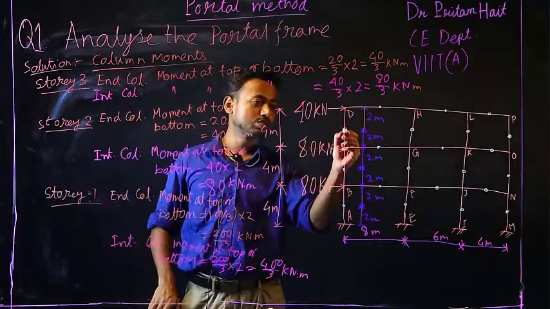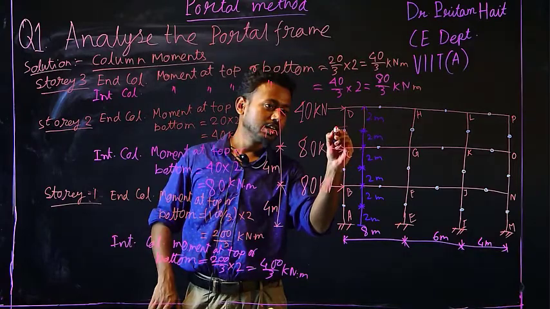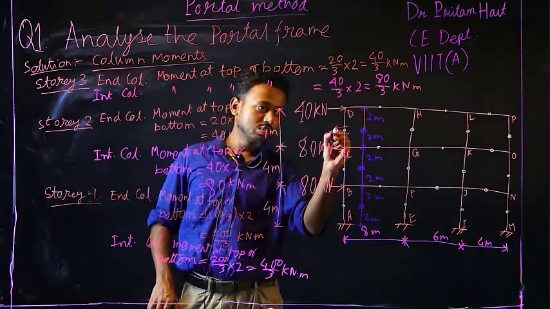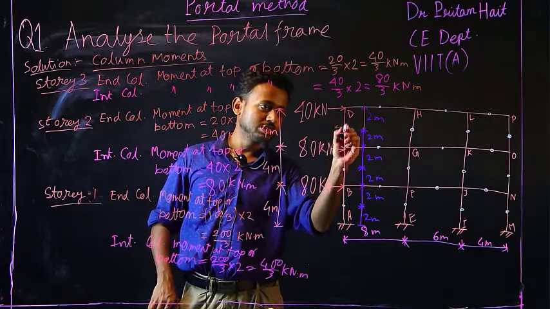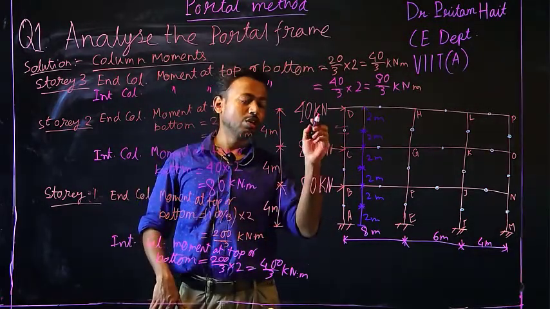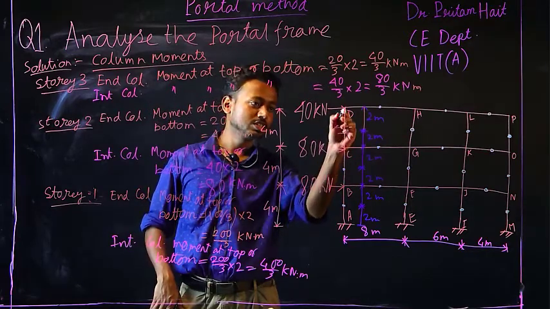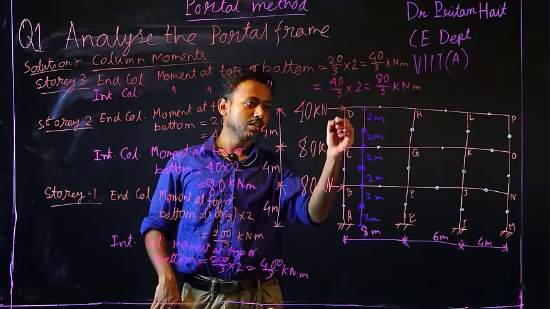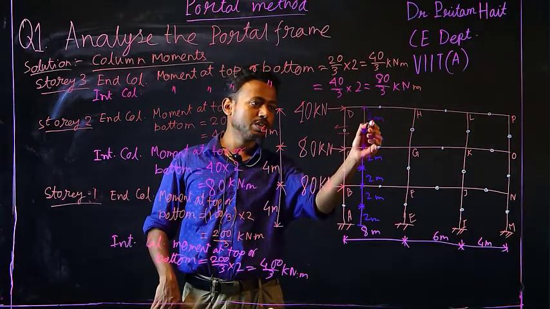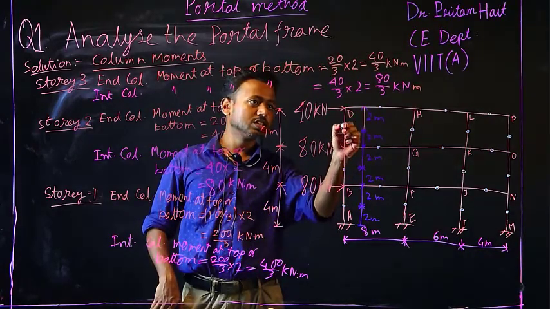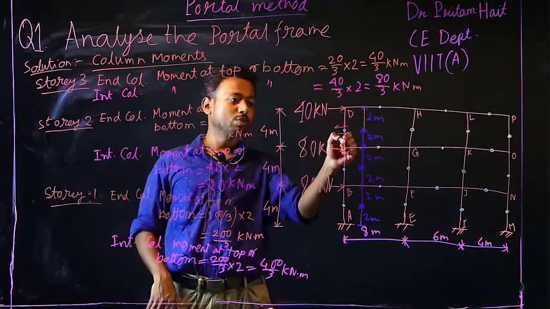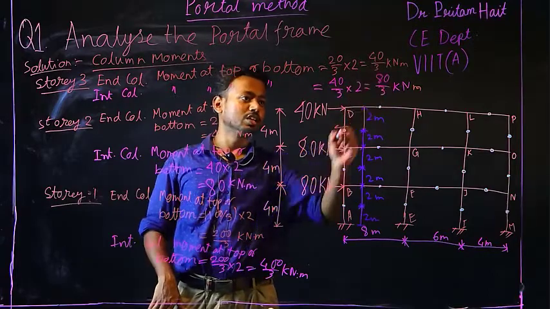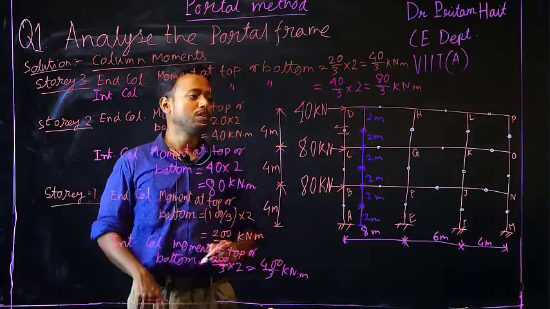The shear force is acting like this. In this column CD, the moment is force into distance. This force is nothing but 20 by 3 kilonewton, and the distance is 2 meter. So force into distance is the moment at top and bottom of the column. So 20 by 3 into 2 will be 40 by 3 kilonewton meter for the end column.